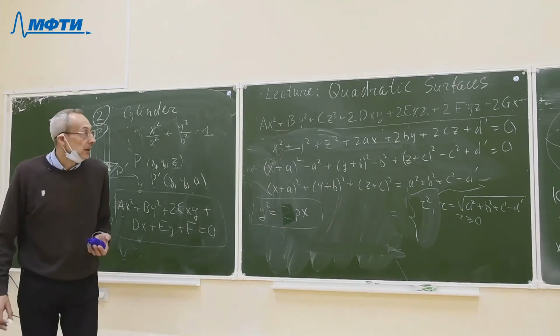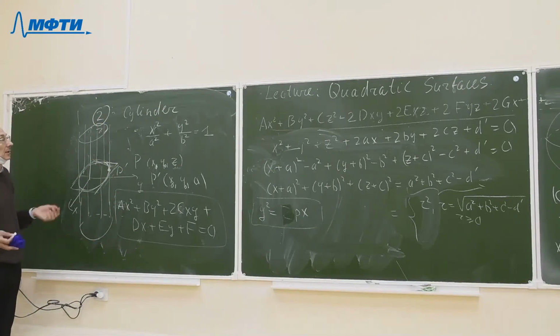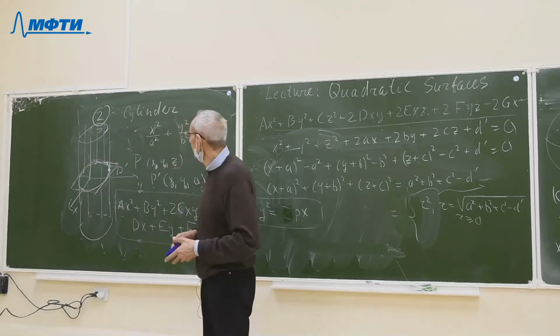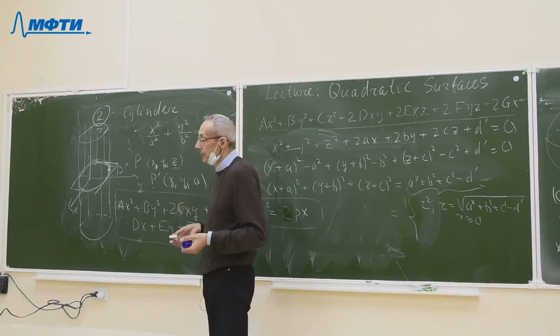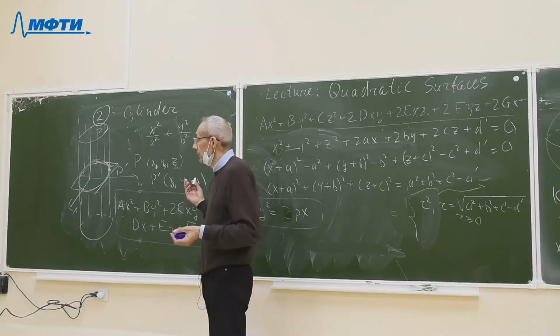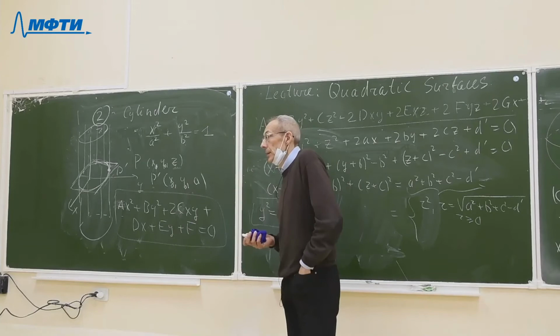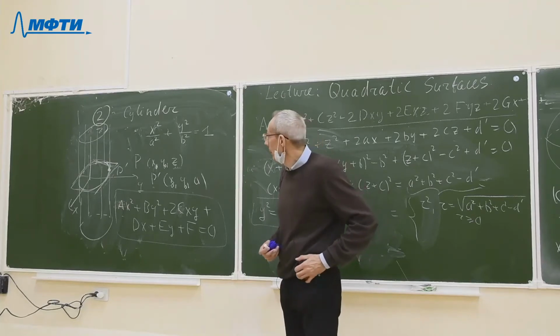So we obtain cylindric surfaces, surfaces of the second order, which correspond to the curves of the second order: the parabola, hyperbola, and ellipse.